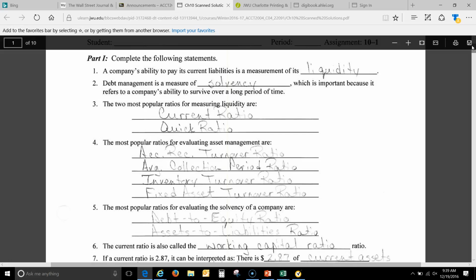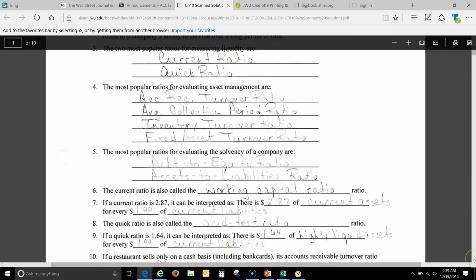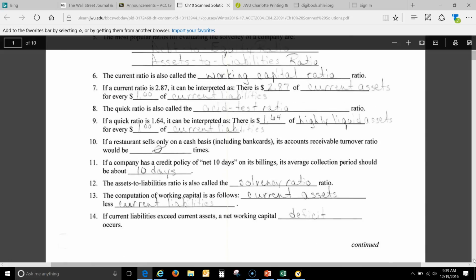Number 5, the most popular ratios for evaluating the solvency of a company are good, assets to liability and good, debt to equity. Number 6, the current ratio is also called the blank ratio.